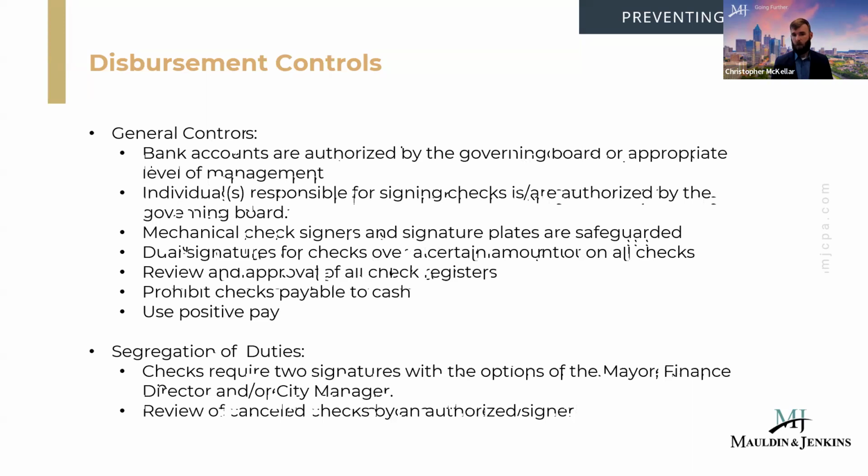You could have Malden and Jenkins LLC versus Malden and Jenkins Inc., and you could take the same invoice from Malden and Jenkins LLC and run that back through on a different pay run to Malden and Jenkins Inc., where you've set up a different bank account for that vendor and misappropriate funds.